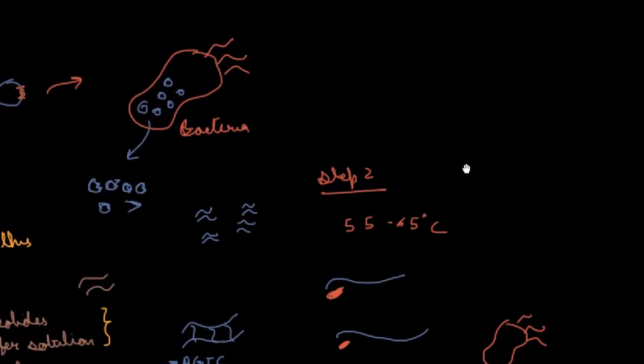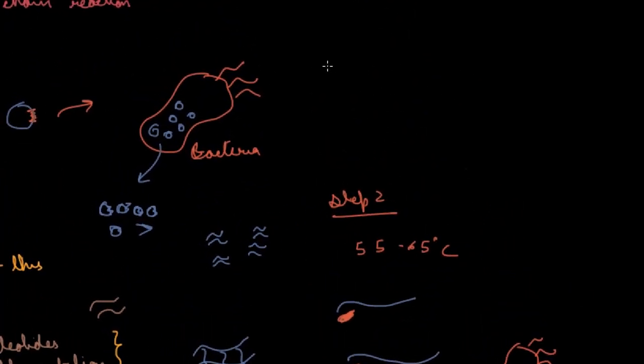This is how the gene can be amplified. Let me summarize everything. There are 3 steps: step 1, step 2 and step 3. In step 1, the temperature is raised to 96 degrees Celsius. In step 2, it is dropped to 55 to 65 degrees Celsius, and then in step 3 it is raised again to 72 degrees Celsius. The first step is denaturation, which is nothing but converting double-stranded DNA into single-stranded DNA.